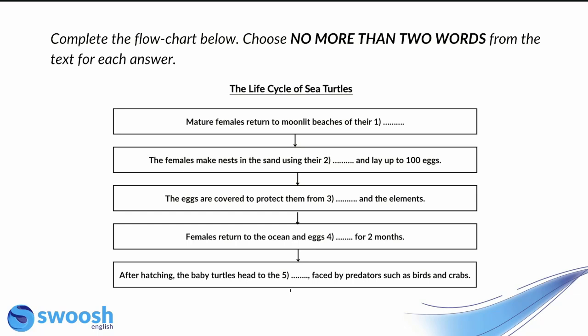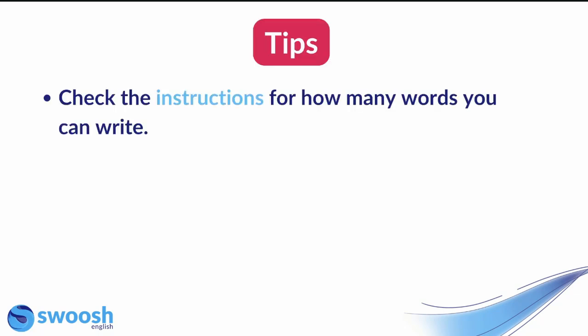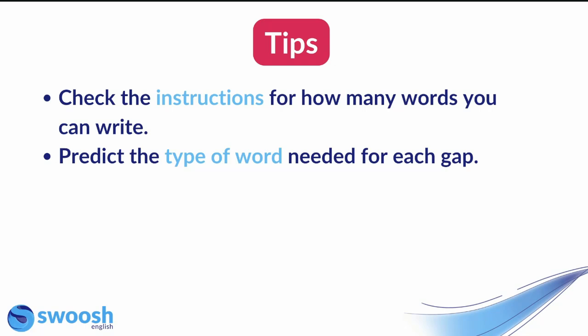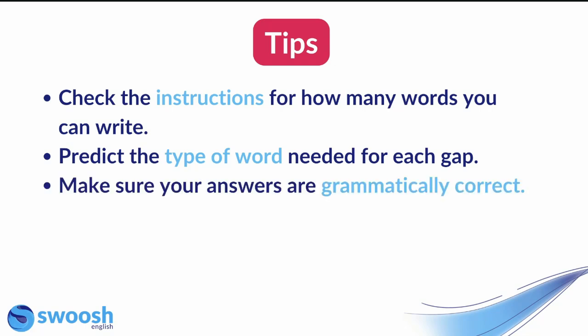So tips for table completion and flowchart completion. Once again, very important to check the instructions for how many words you can write. And again, you can also predict the type of word needed for each gap based on the words in the sentence or the words in the table. Again, you should also make sure your answers are grammatically correct when you are doing the flowchart completion. This probably won't be so relevant to the table, but make sure the words that you're writing in those gaps actually make sense.